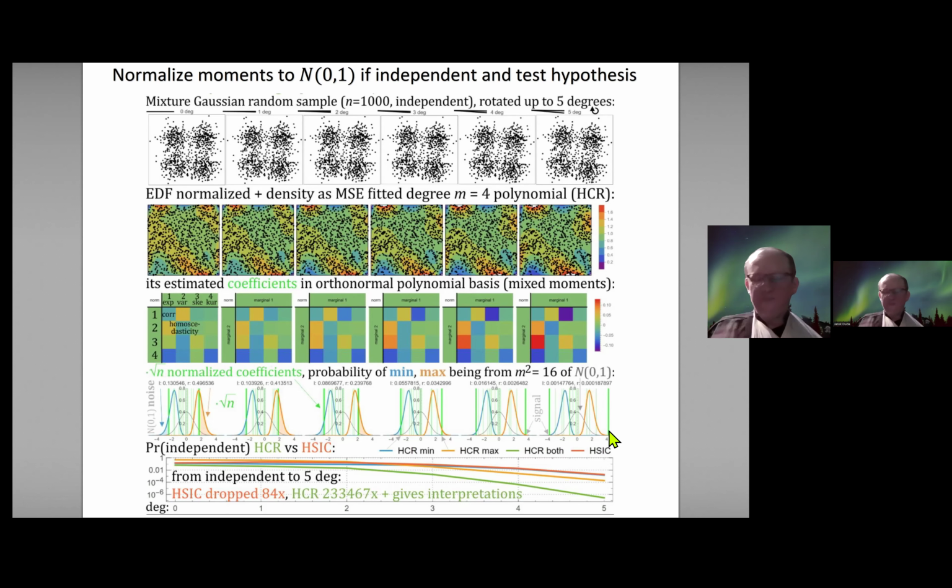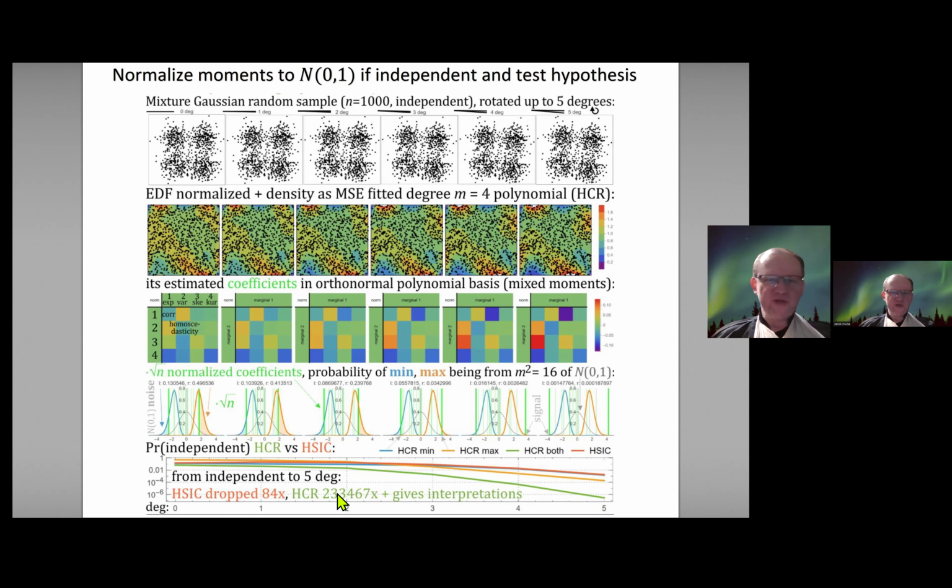So here is this evaluation from independent to 5 degrees. The best is using both the minimal and maximal value, because we don't know which will be the best. The best is just using both. In comparison, the HCIC was here, the red one, so it's not very good.